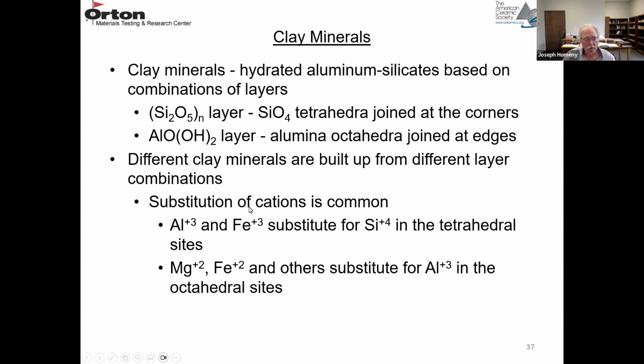And then when you start substituting different cations, Al +3 and Fe +3 can substitute for Si +4 in the tetrahedral sites. Mg +2, Fe +2, and other ions can substitute for Al +3 in the octahedral sites. So you have your two basic layers. They can be put in different combinations, and then you have your different ions that can substitute on different sites.